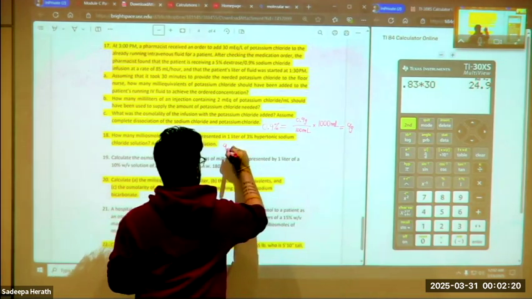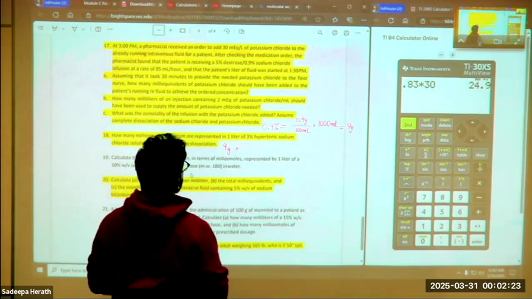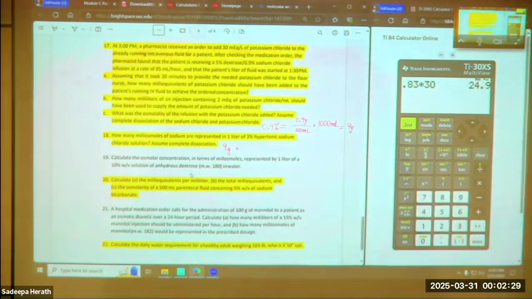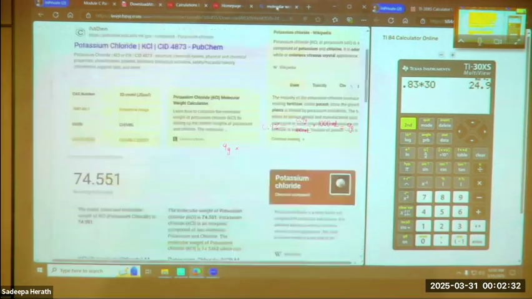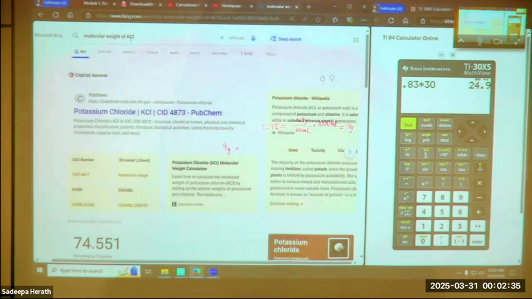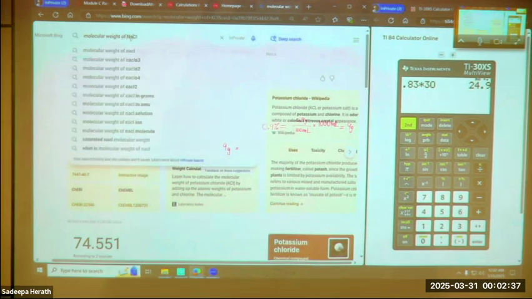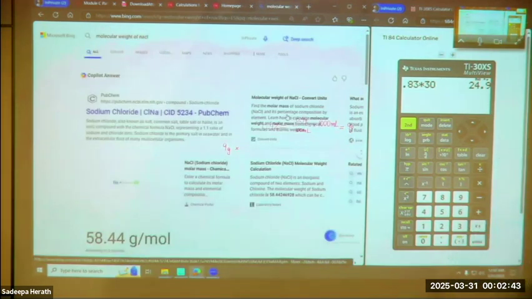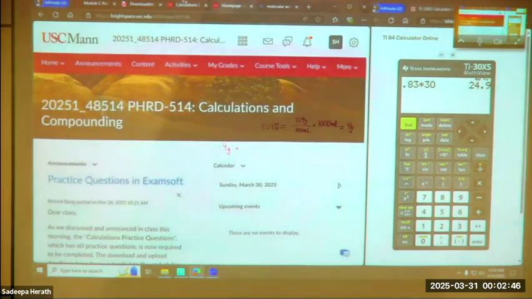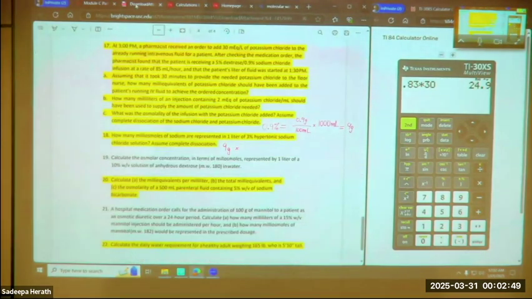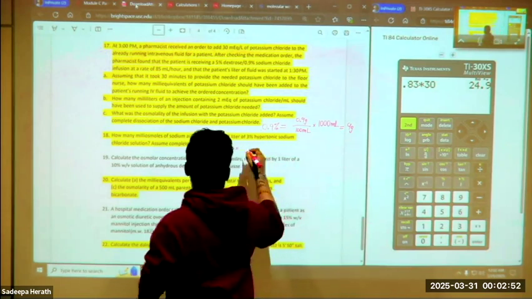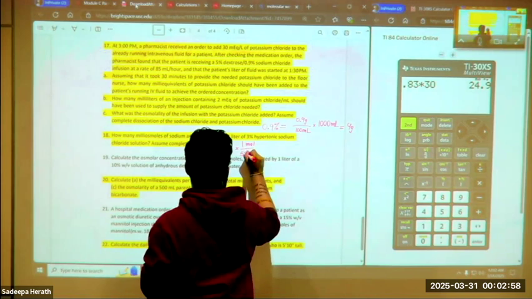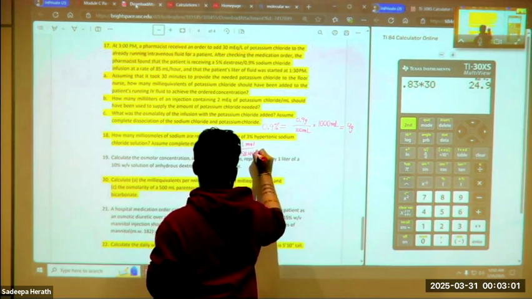So 9 grams times, for sodium chloride, NaCl, I don't remember what it was, 58.44. For every mole is 58.44 grams.